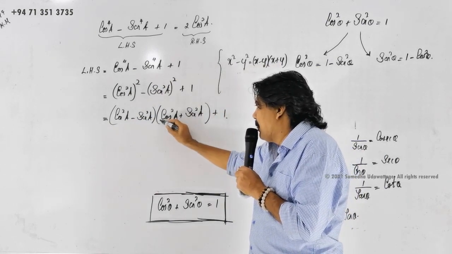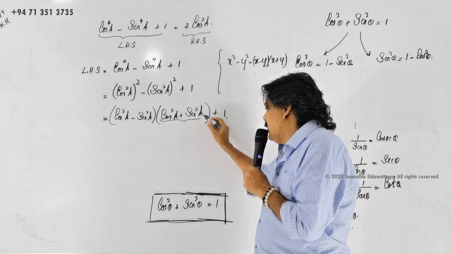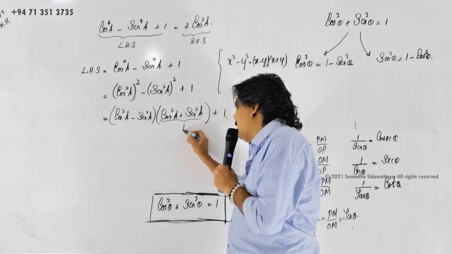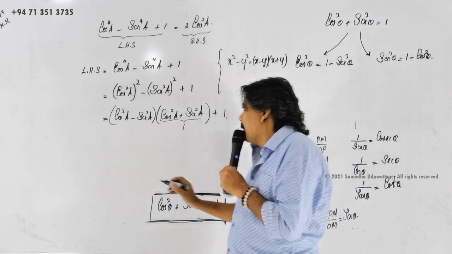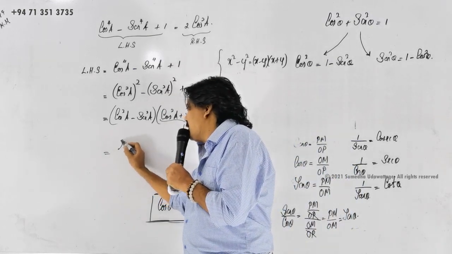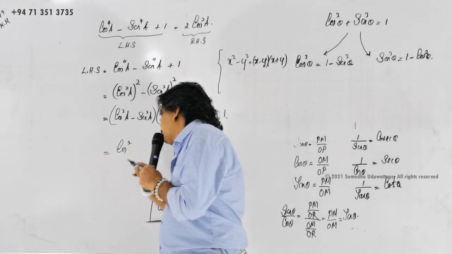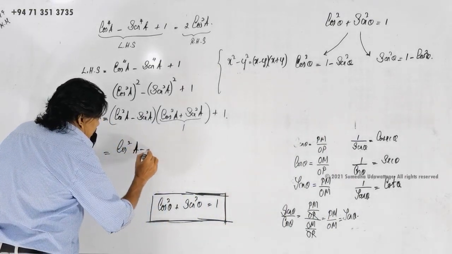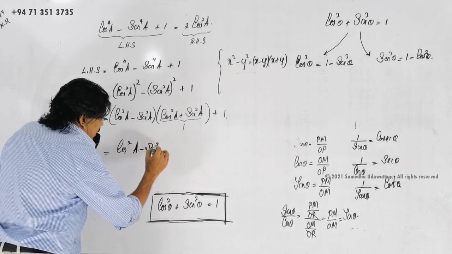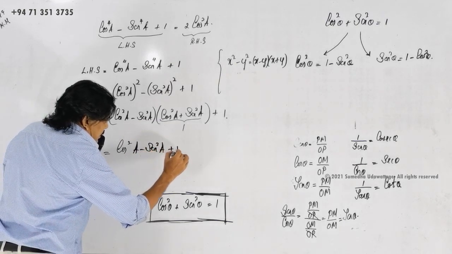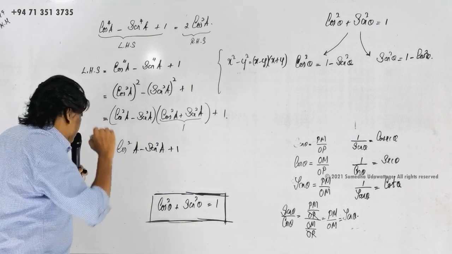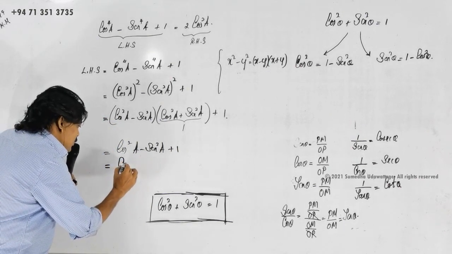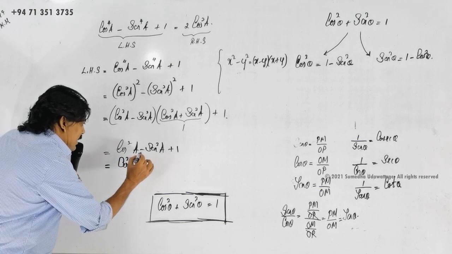And then, when you see this, you can remember that for any angle, cos square plus sine square is 1. Then you get cos square A minus sine square A plus 1. Then I would take this cos square A. Look at this.